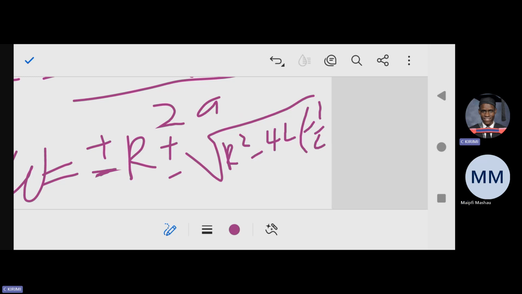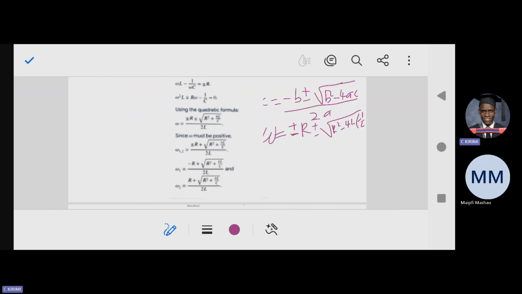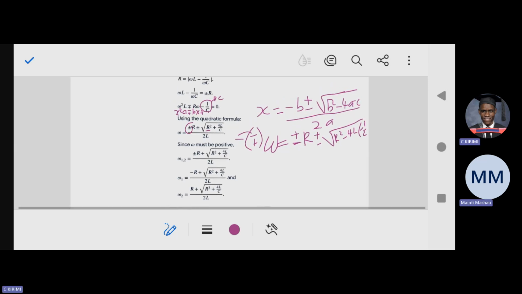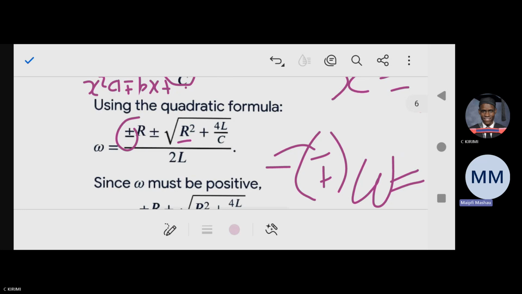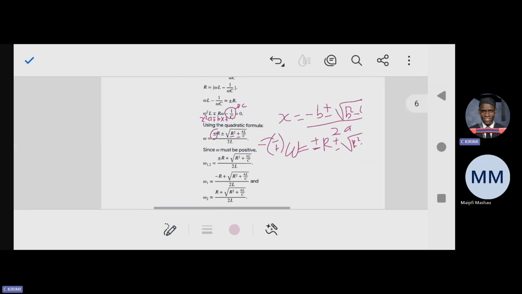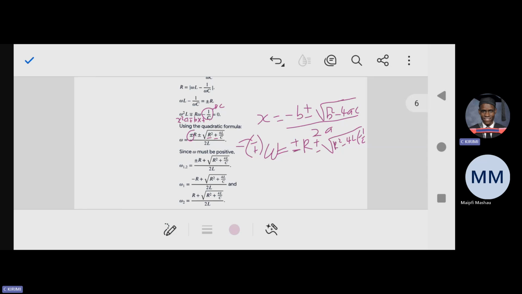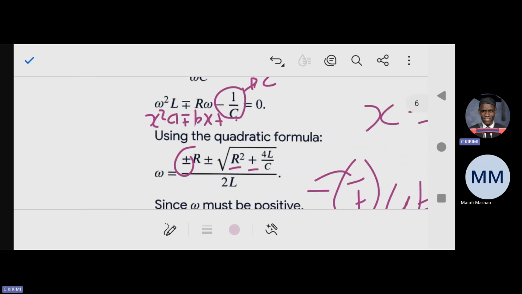So it will be positive 4L over C. Then divided by what? 2A. A is L, so divided by 2L. Can you see?